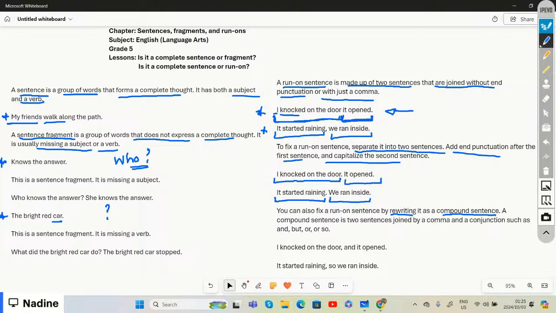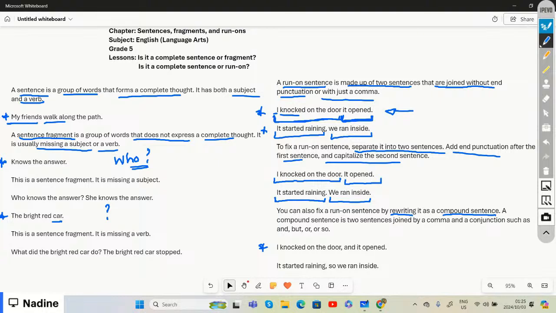All right. And if we look at an example of how we can write this specific sentence as a compound sentence, then it says, I knocked on the door, comma, and it opened.